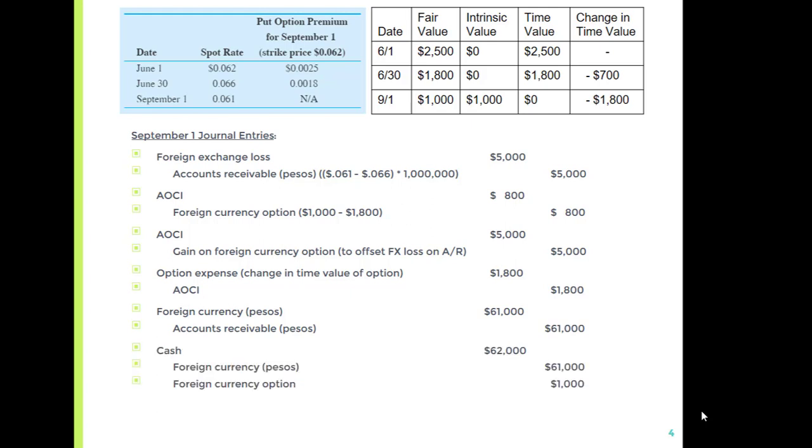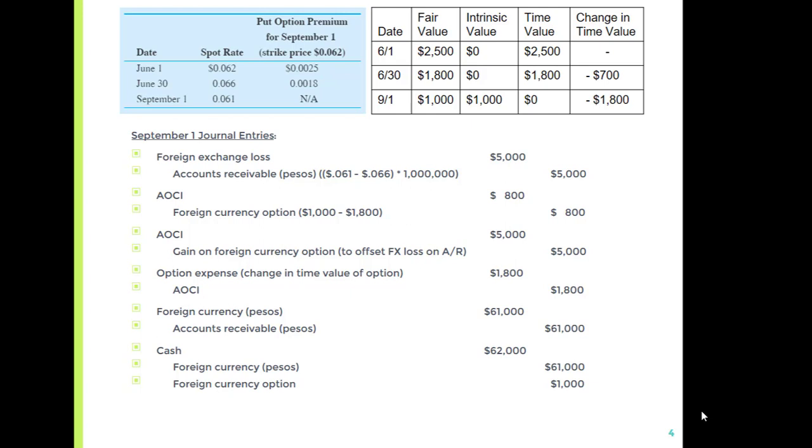Now we execute the right under the put option to sell pesos for US currency. So to do that, we debit cash because we exercise the option. We sell 1 million pesos to the financial institution counterparty for US dollar cash, which is $62,000 based on the strike price that is embedded in the put option.